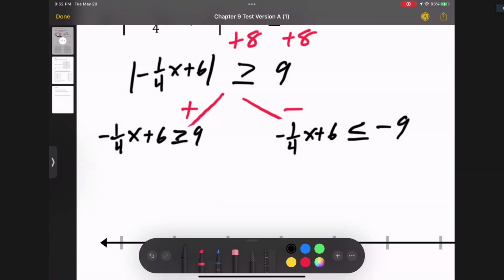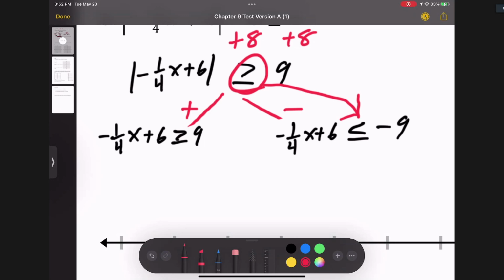Whenever you do the negative side, you need to make sure that you flip the inequality. This inequality flips into the other direction. It has to flip because essentially what you're doing is multiplying that right side by a negative 1, because you're giving the option for the absolute value to have a negative answer on the inside. That's what you're doing.